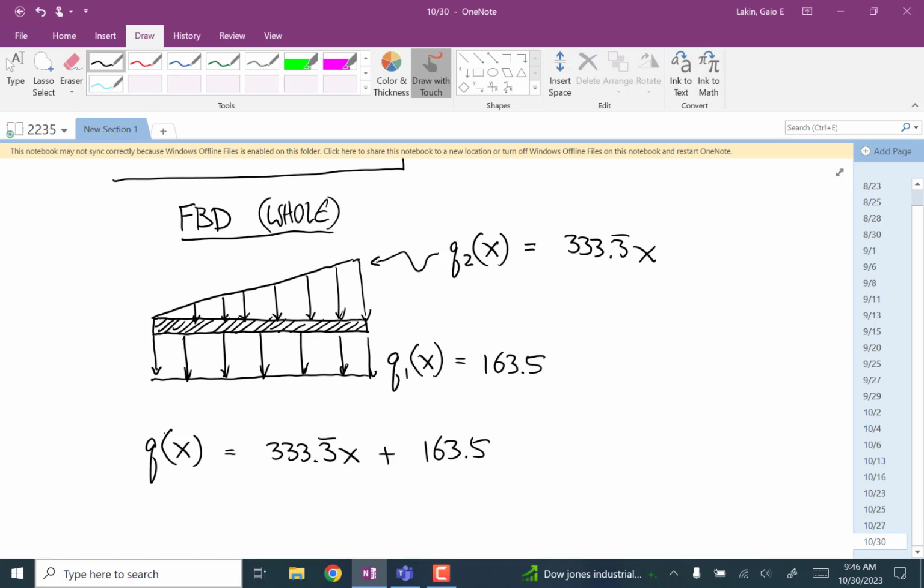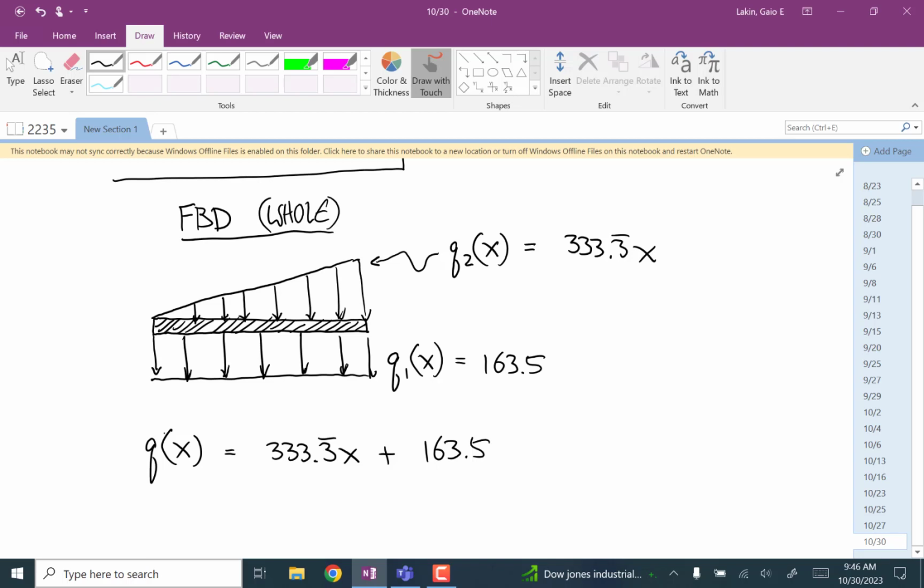And so we're going to expect the leading terms of our shear force to be 166.6 repeating x squared, negative 166.6 repeating x squared minus 163.5x.